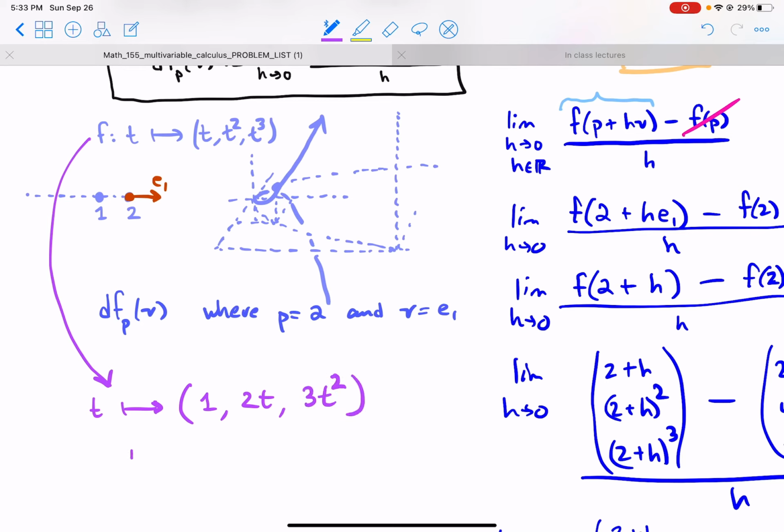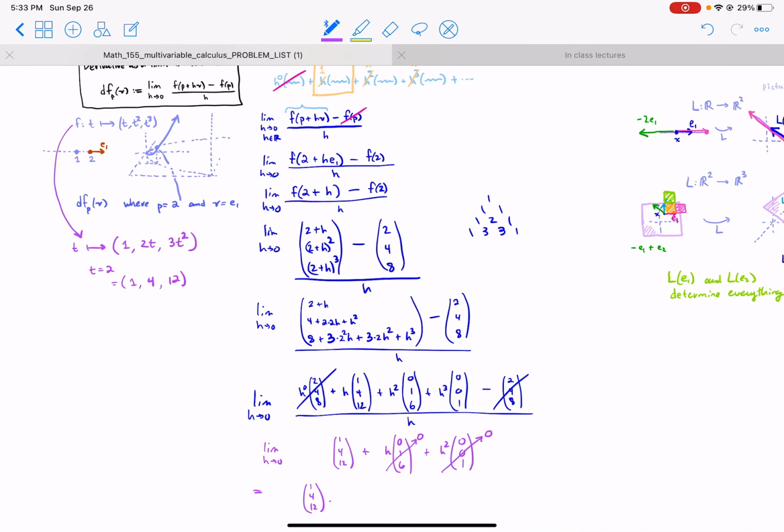And then if we plug in t equals 2, then we would get 1, 4, 2 squared is 4, 12. And that is, in fact, exactly what we got from our limit calculation. So good. It is working as we would hope, as we would expect.